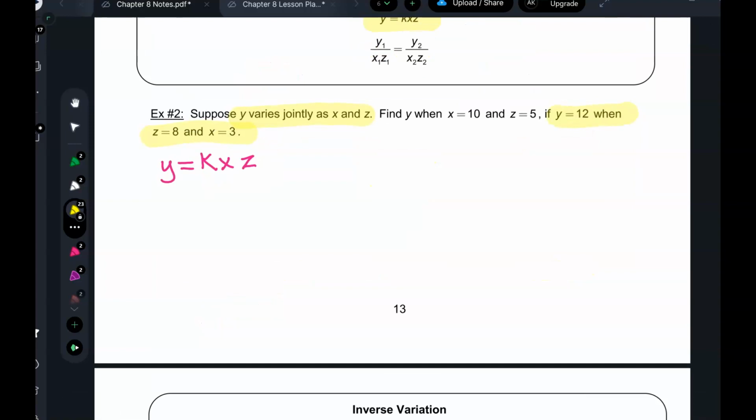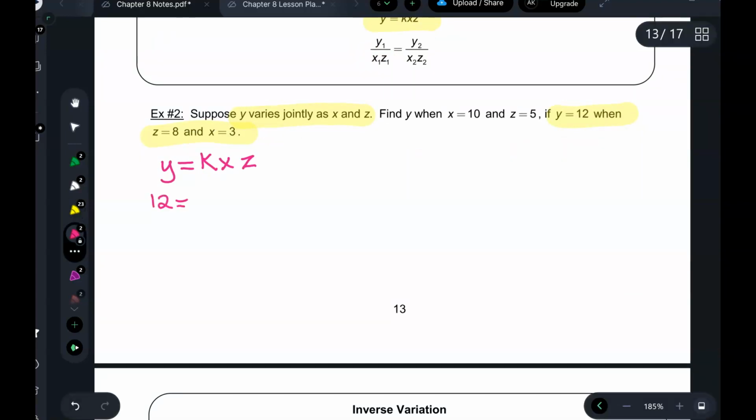So when y equals 12, you're literally just plugging things in. So 12 equals k times 3 times 8. So we get 24k is equal to 12. What do we get for k? 1/2.